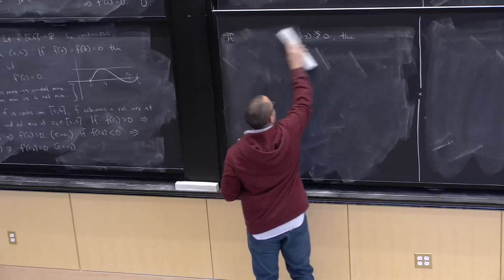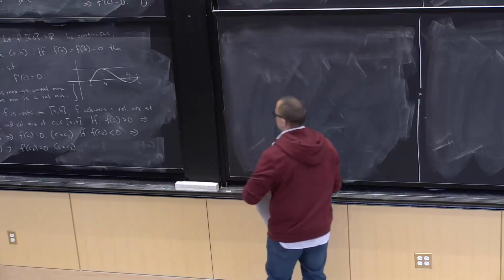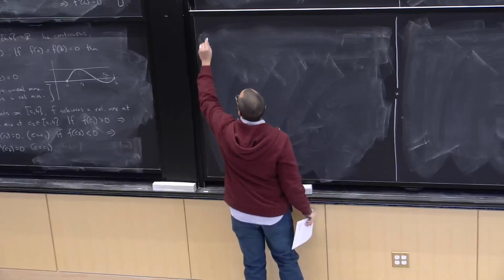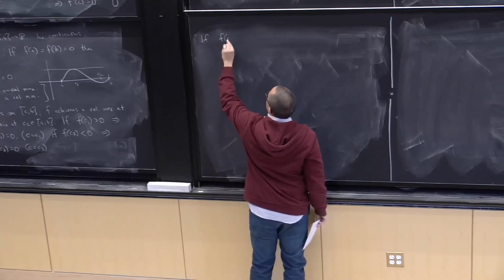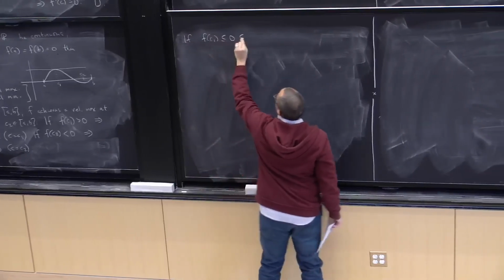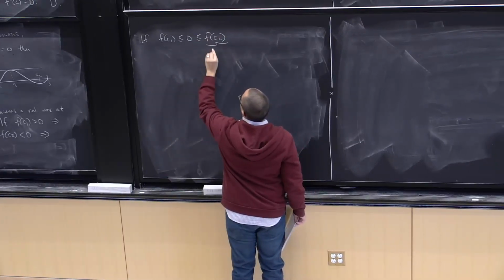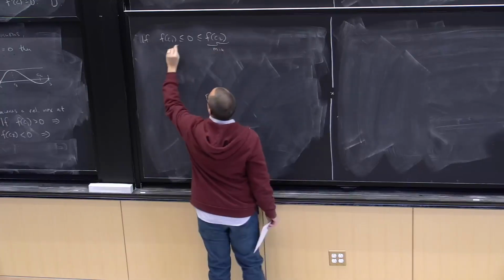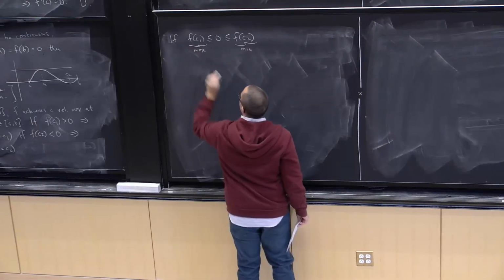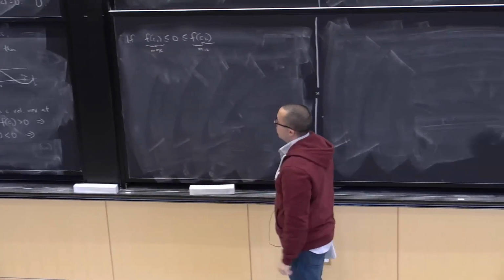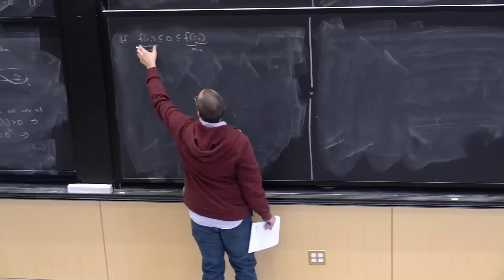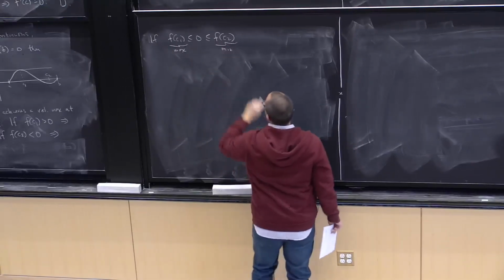All right, so let me go back to what I was going to say a minute ago. So in the last case, that f of c1 is less than or equal to 0 is less than f of c2. Now remember, this is the min. This is the max of f, right? So this should always sit above f of c2.